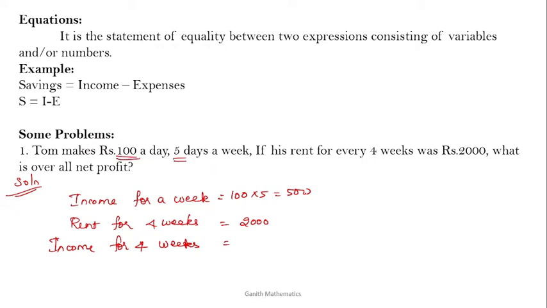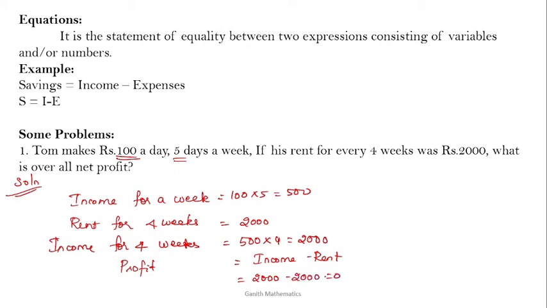So he is getting 500 rupees for a week. Then after 4 weeks he will get 500 into 4, that is 2000. So he is paying rent of rupees 2000 after 4 weeks and his income is also 2000 rupees. So does he get any profit? No, because he paid the amount which he is earning to the rent. So there is no profit. The profit will be the income minus the rent, that is 2000 minus 2000, that is 0.